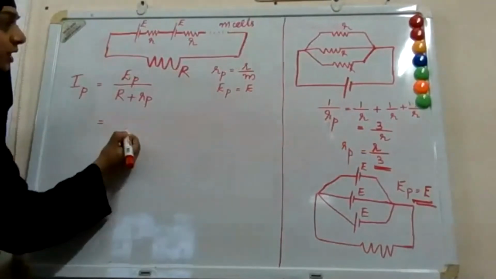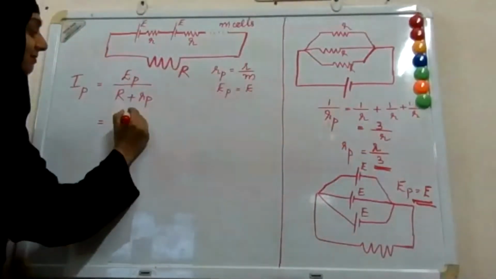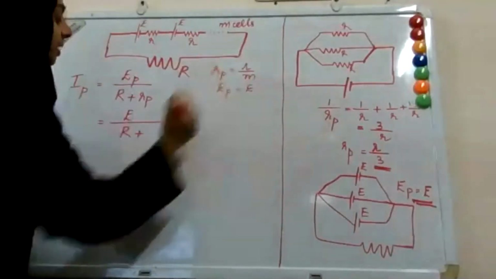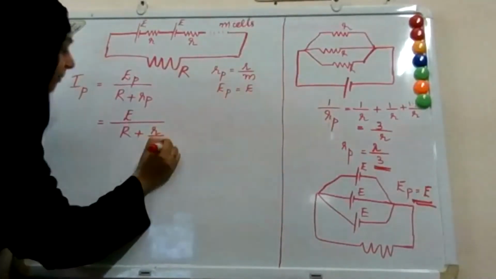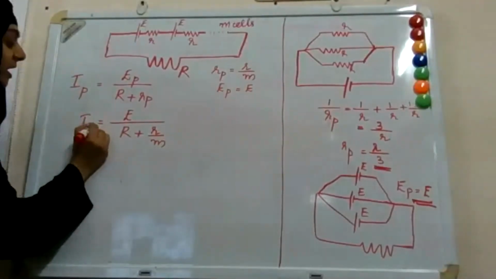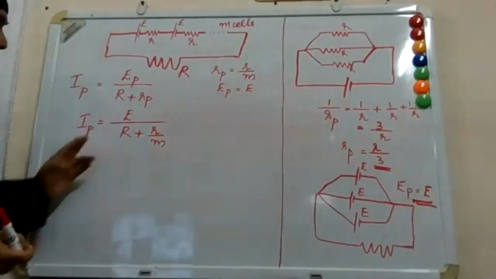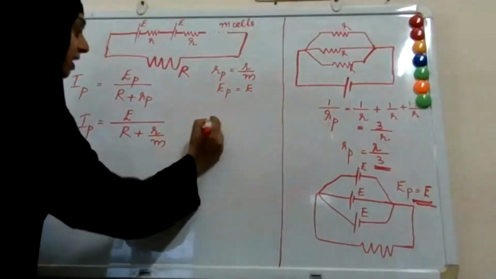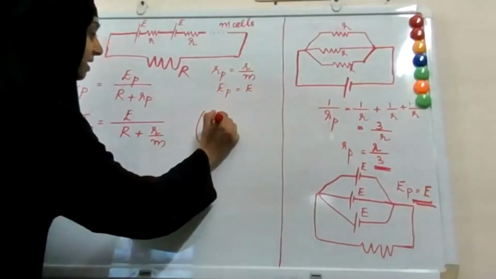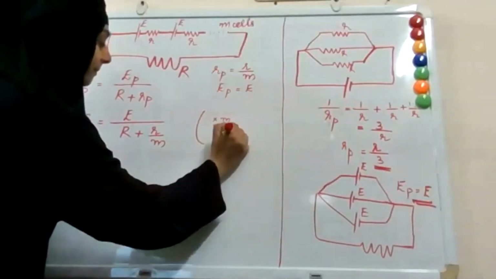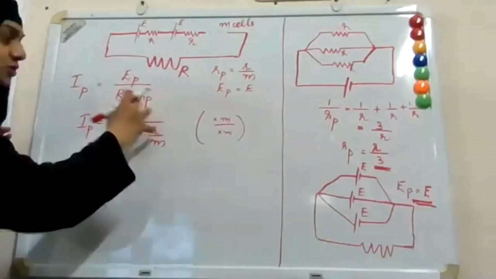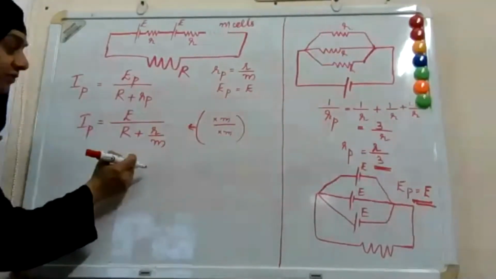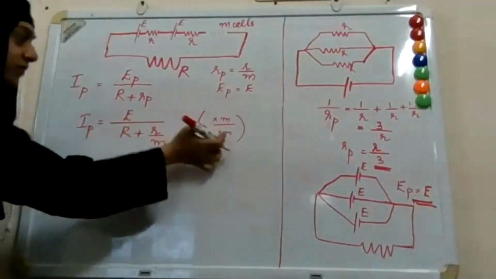So this is equal to EP, which is E, divided by R plus RP, which is R by M. Now, in order to simplify this, I am multiplying and dividing both the numerator and denominator by M.